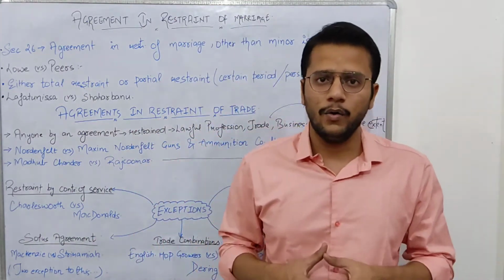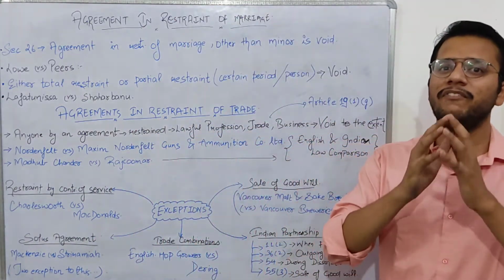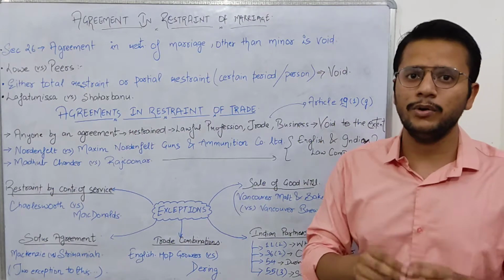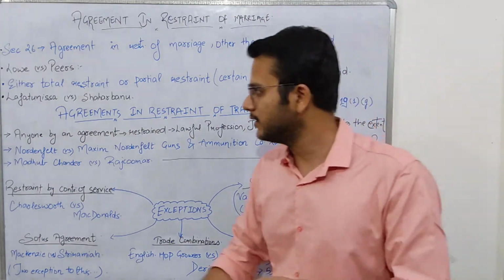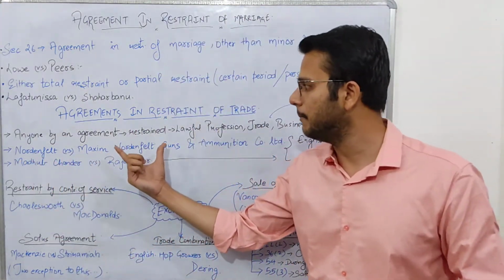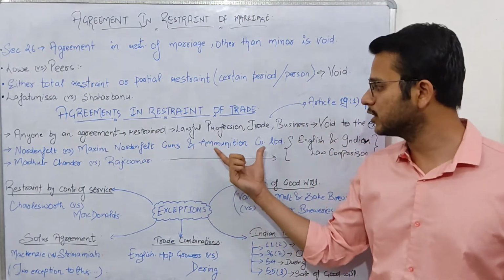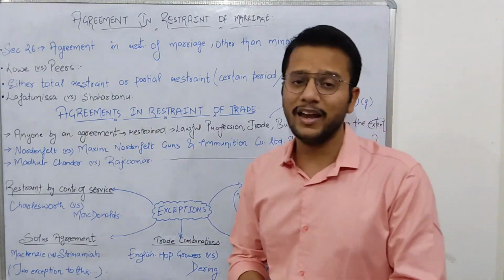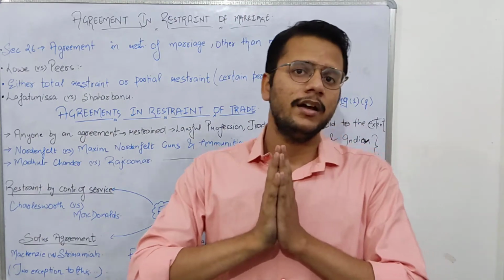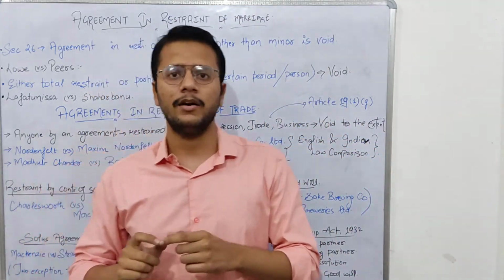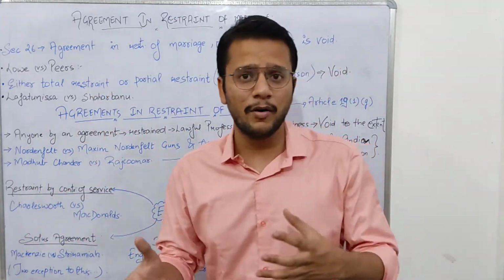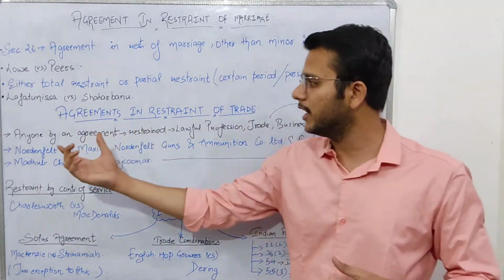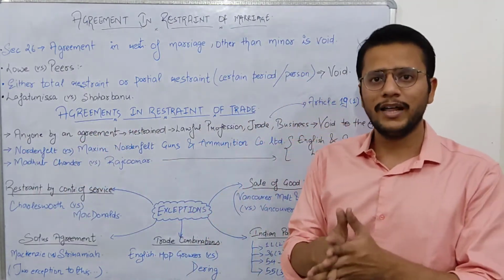Now, a very good case law which will tell you about two situations is Nordenfelt versus Maxim Nordenfelt Guns and Ammunition Company Limited. In this case, there was a company of gunpowder production, which was Nordenfelt's.